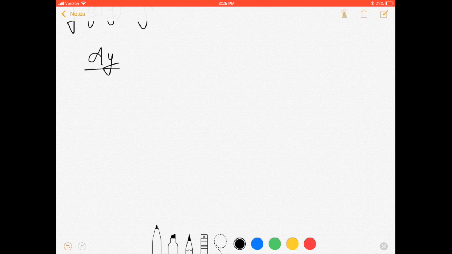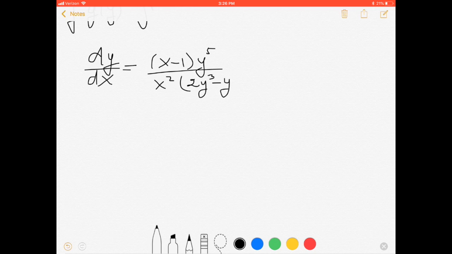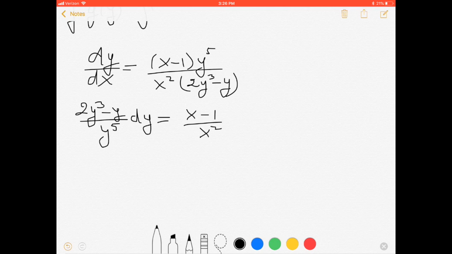For example, I have something like this: dy over dx equals (x minus 1) times y to the fifth over x squared times (2y cubed minus y). You can see it's easy to separate, and you have (2y cubed minus y) over y to the fifth dy equals (x minus 1) over x squared dx.